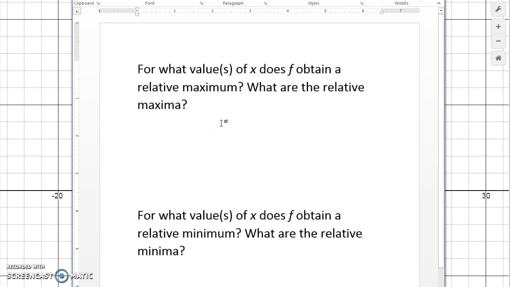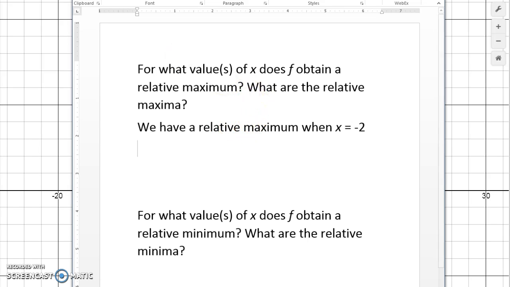So I would say we have a relative maximum when x is equal to -2. Let's put some spaces to make it a bit more clear.